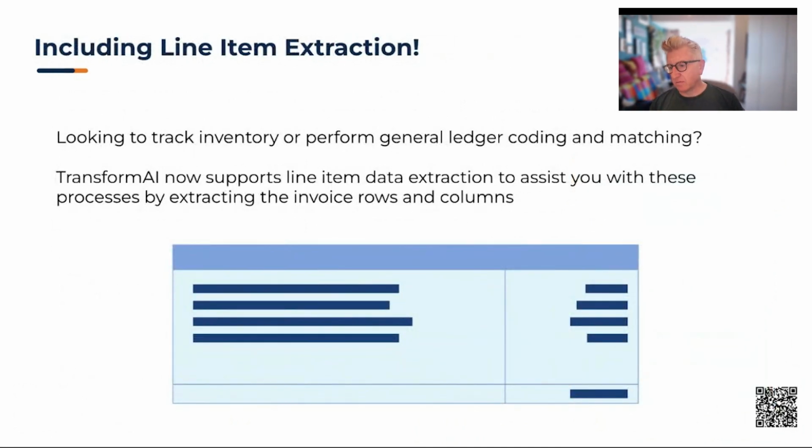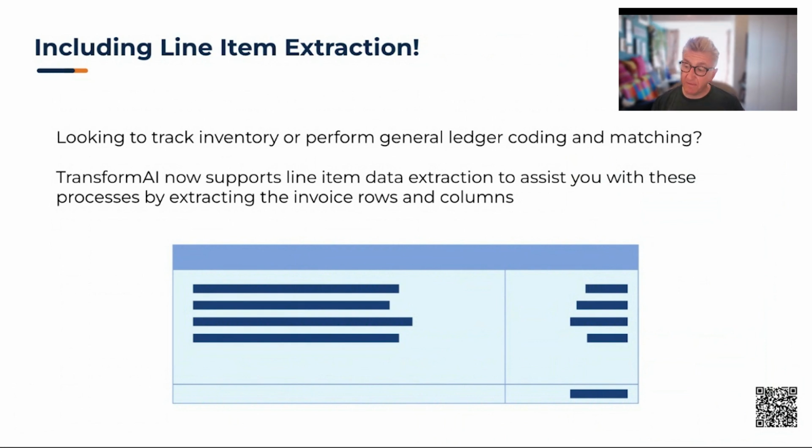Let's get this out there as well. TransformAI does support full line item extraction. In fact, we find AI capture of tables to be generally more reliable than traditional templating tools, unless it's something very specifically different, in which case there are areas that we'll talk to you about, around the fact that all AI stuff or all OCR stuff is going to suffer with the same kind of challenges around tables.